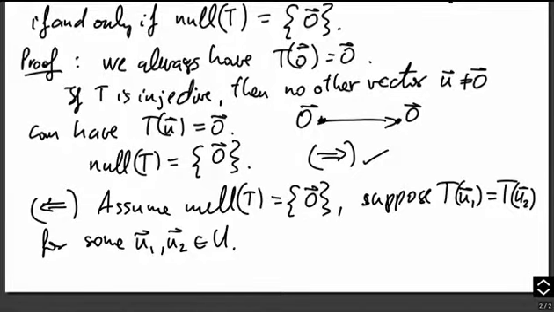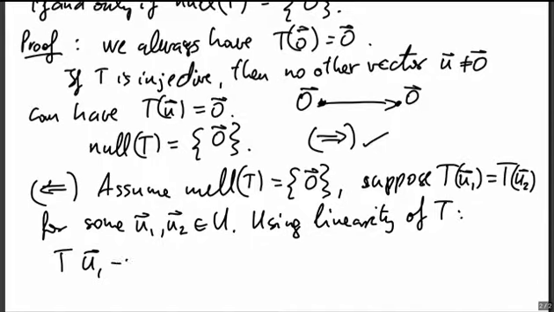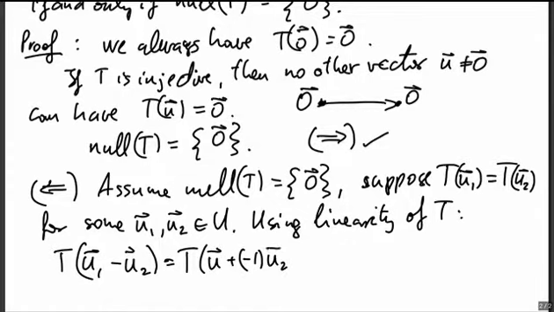So we use the linearity of the transformation T, and what we do is we subtract the two vectors from each other. Well, in general, we know how to subtract vectors, but let me remind you that the original definition of the difference is that we add the scalar -1 times another vector. In any case, what we have is Tu1 minus Tu2, since linearity means that we can apply the transformation term by term.